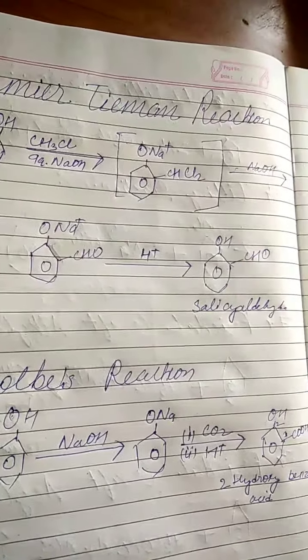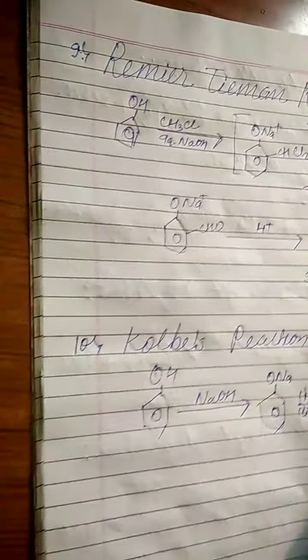Our next reaction is Rosenmund reaction. We are writing it on the next page. It is reaction number 11, Rosenmund reaction. In this reaction we take benzoyl chloride.